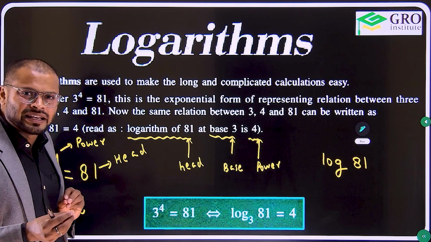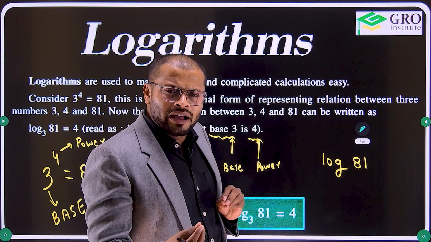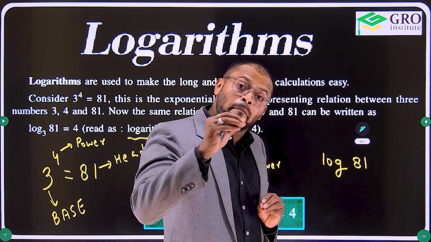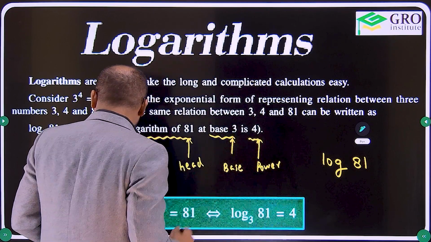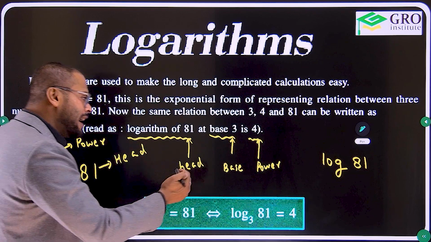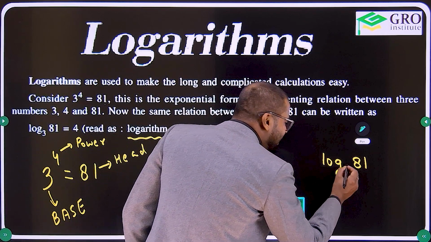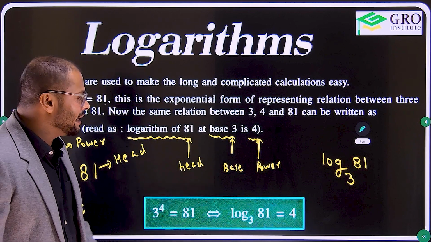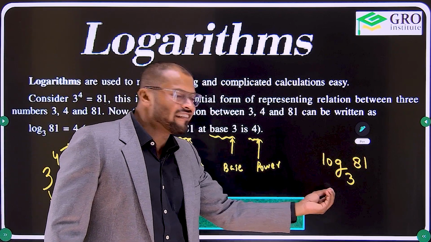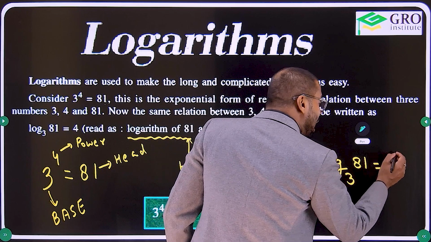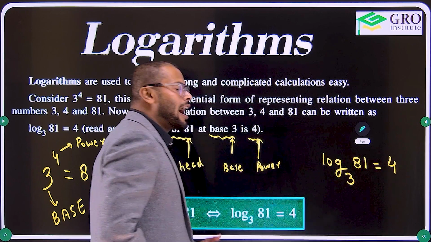Base will remain the same in logarithmic form and in exponential form. Log of 81 having base 3 is equal to power. Power was 4. Are you getting my point?